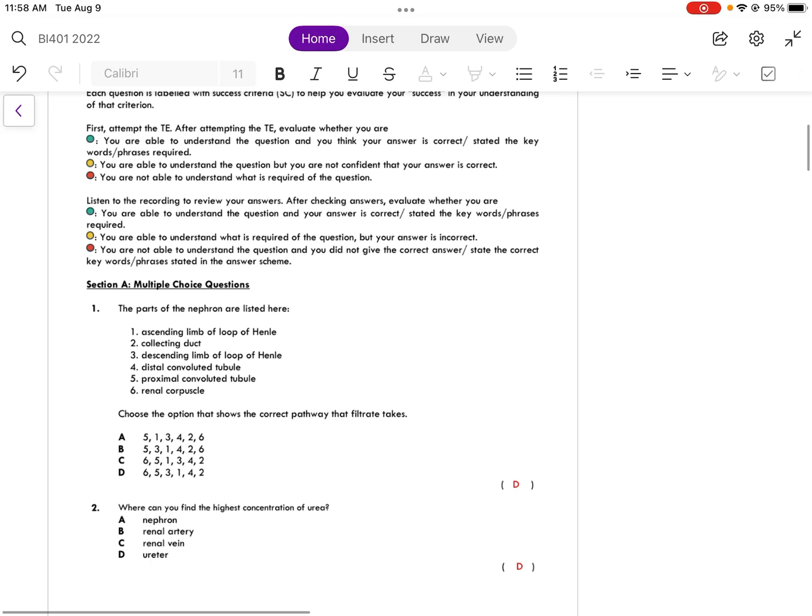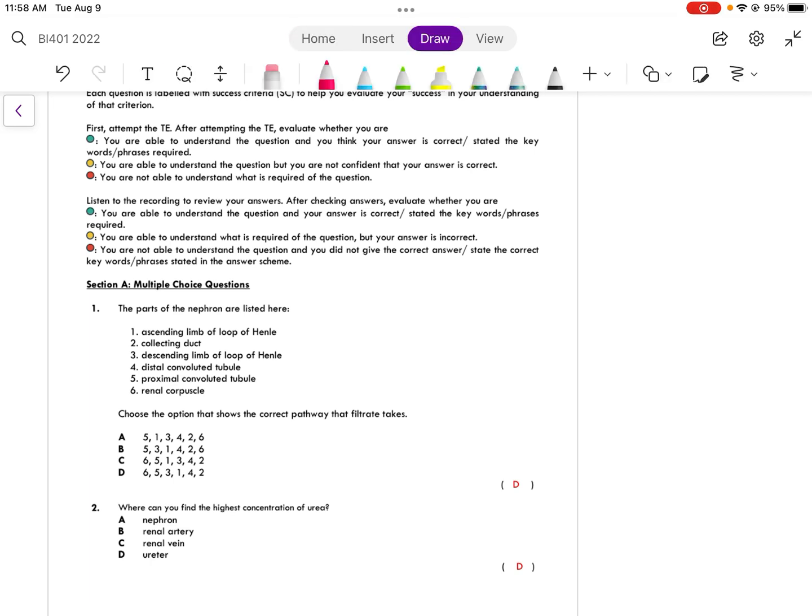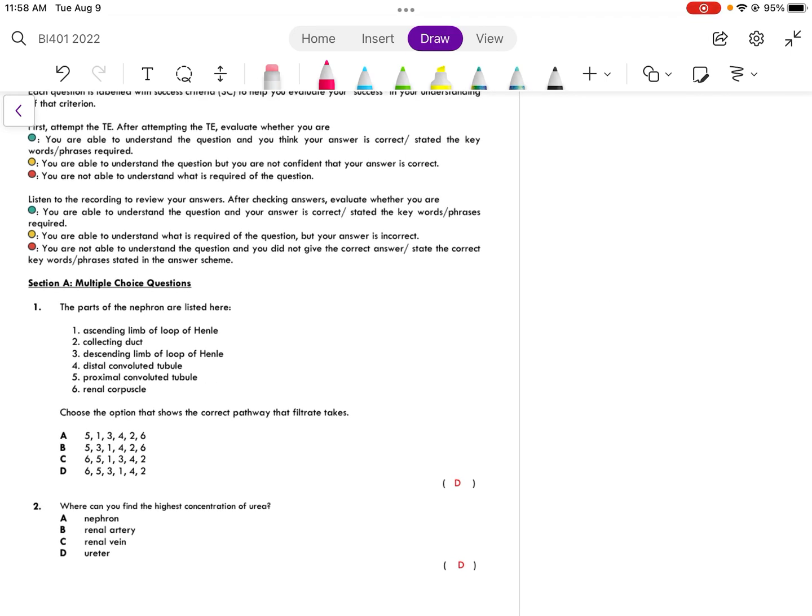Okay, very broadly again, I would like to recap some of the key things you want to look out for in the renal system. In the renal system, we tend to ask you questions about the structure of the renal system. What do I mean by that? That means we are looking at the broad structure of the kidney, right?